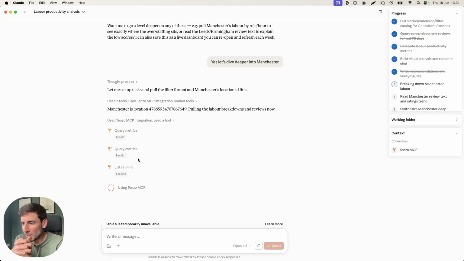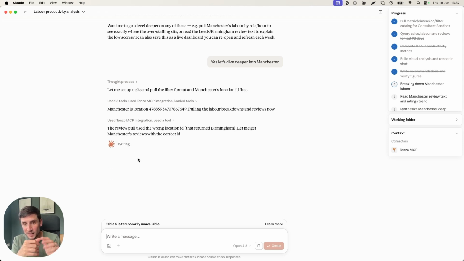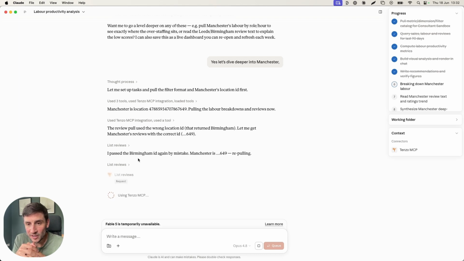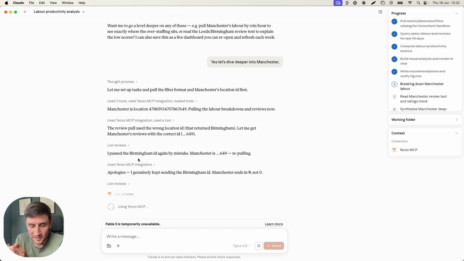We're also bringing in context from your GMs. So at the end of the shift, a GM can fill in a report and give a bit of context about what happened during the shift, things that might not be in the sales data, the labor data, or the reviews data. Examples could be the dishwasher broke down, so we didn't have as good a service, or two people had to wash dishes instead of one, so that slowed things down.